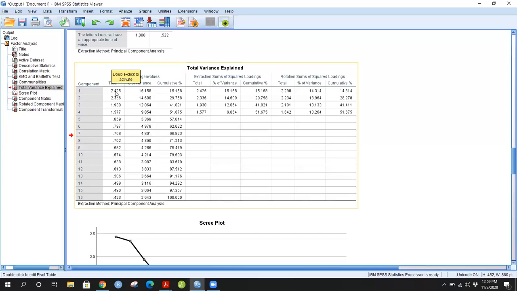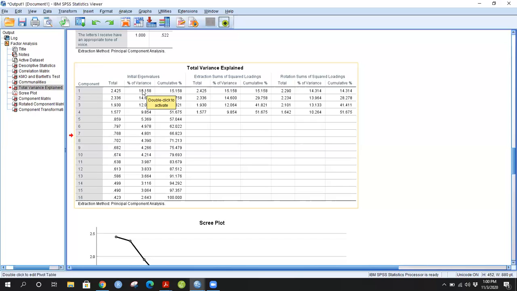You divide the eigenvalue, say for the first component, the eigenvalue is 2.425, by 16, that is the total variance which it could have explained in the data, and multiply by 100. That gives the percentage of variance explained. 2.425 divided by 16 into 100 comes out to be 15.15%.